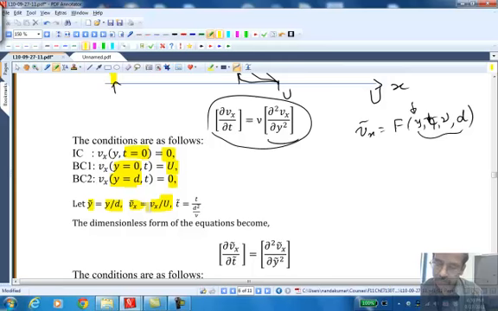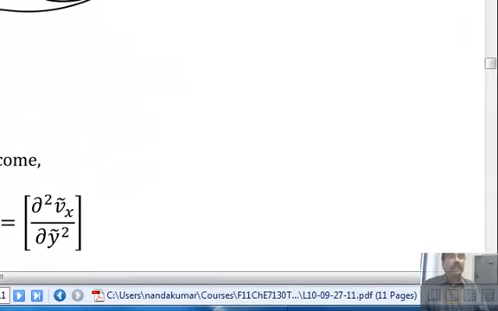And for time, there is no natural time scale in this problem. You will see another problem where there is a natural time scale, where the plate oscillates. For example, the lower plate oscillates with a certain frequency. Then the frequency gives you the natural time scale. Here, you can show a time scale by combining d square over nu. What are the units for it, if you try to figure that out?